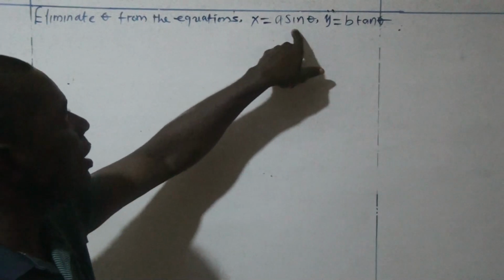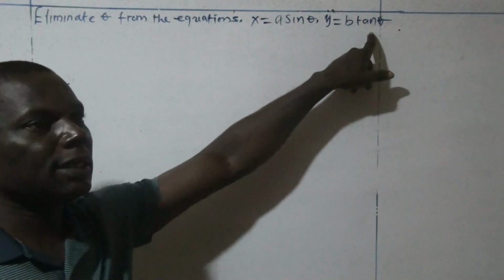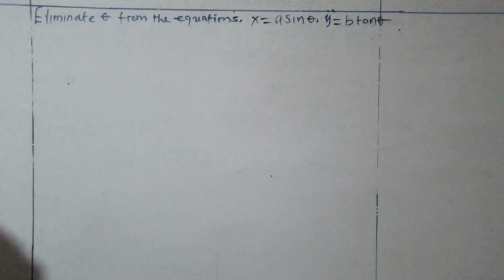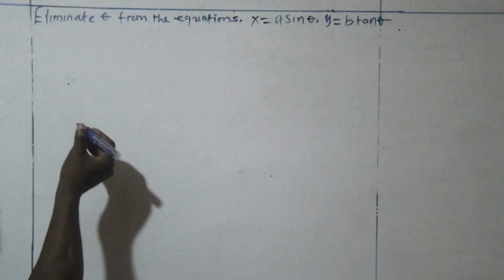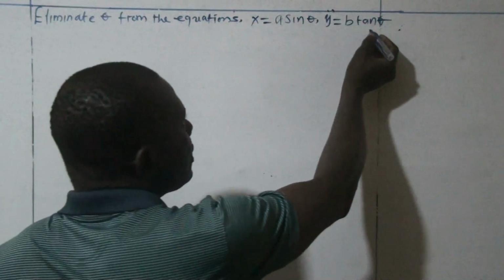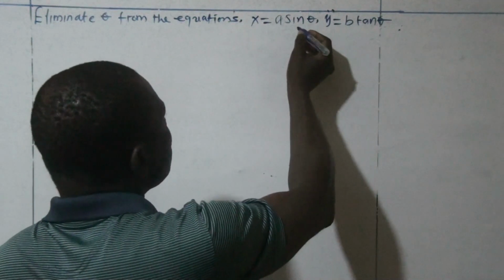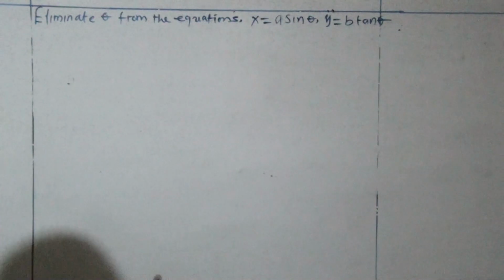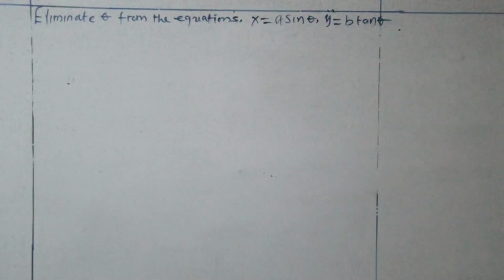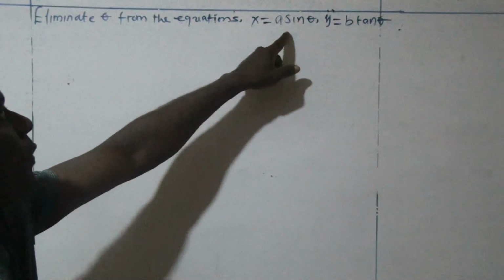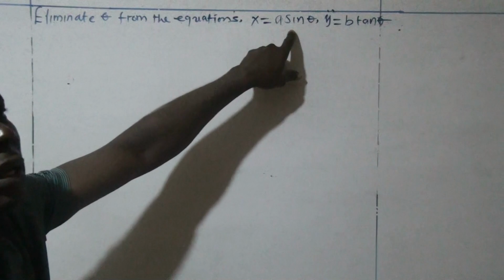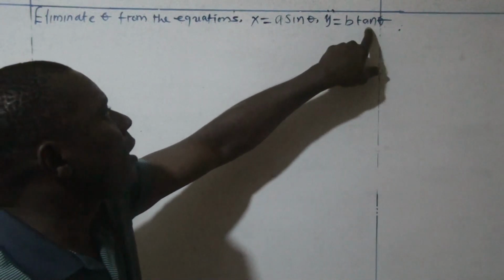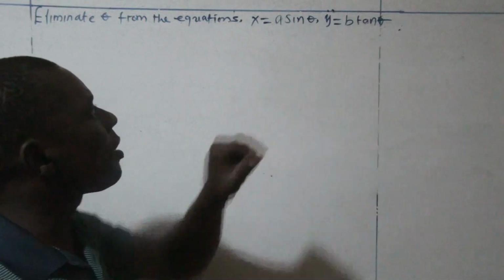You see, there is no direct relationship between sine and tan, but some transformation can be done here by looking at tan theta and sine. Okay, we know that the inverse of sine is cosec, and the inverse of tan is cot.